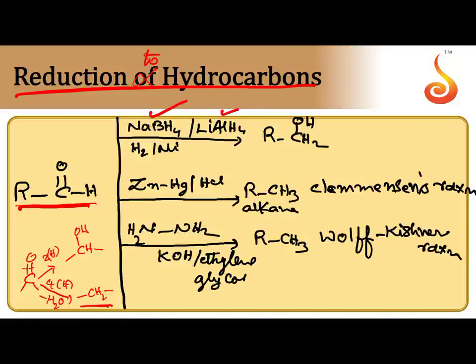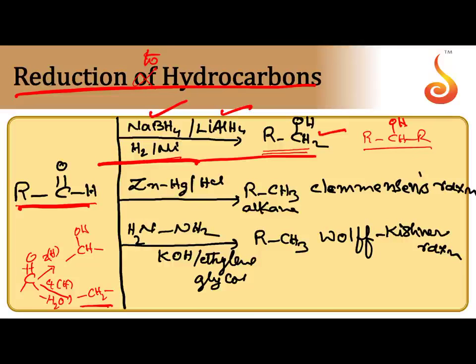When NaBH4, LiAlH4 or even hydrogen in the presence of nickel is used for an aldehyde or ketone, it is reduced to alcohol. From aldehyde we get primary alcohol. From ketone we get secondary alcohol. That is the reduction of aldehydes and ketones to alcohols.